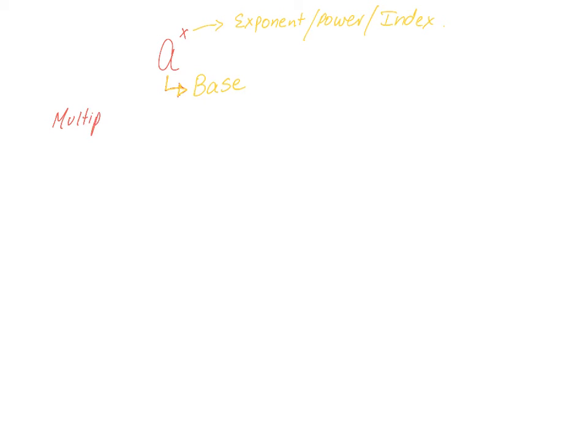Multiplication law. If you have two exponents that are multiplying, add exponents. So you end up getting m plus n.